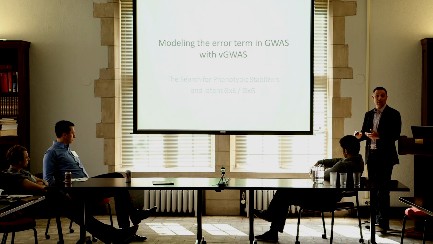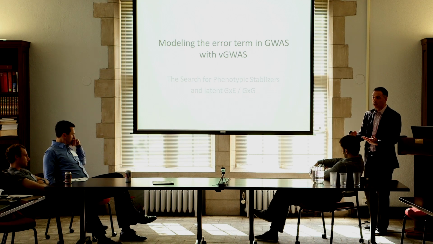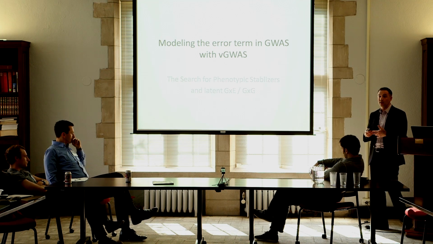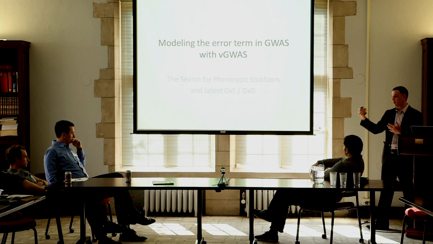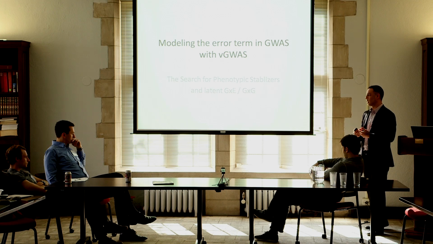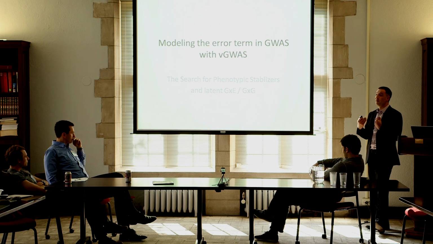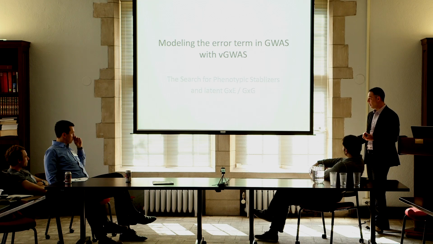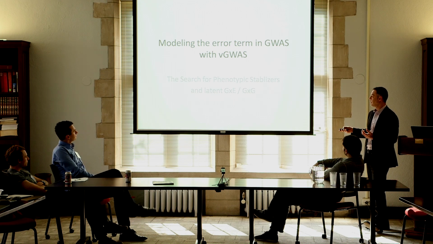That is, genes, or loci I should say, that are associated not with the mean level of some outcome, like in the educational analysis, but with the variability in that phenotype.